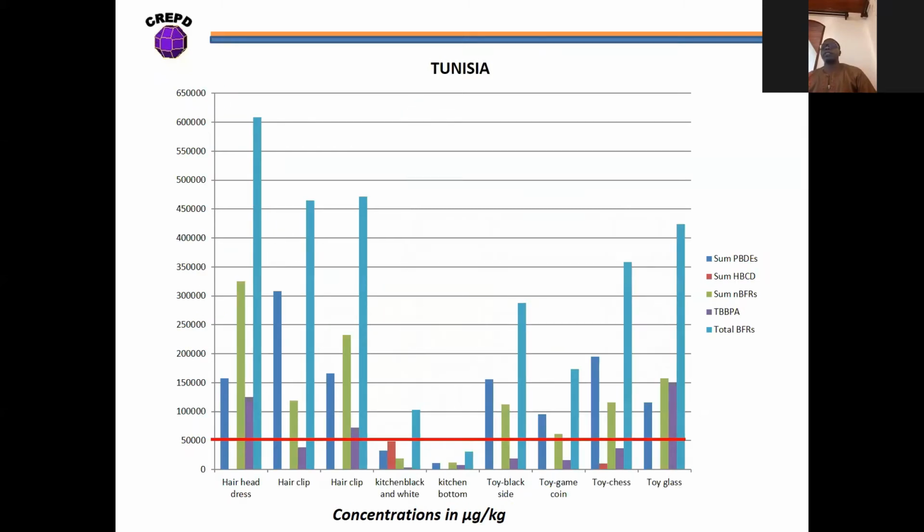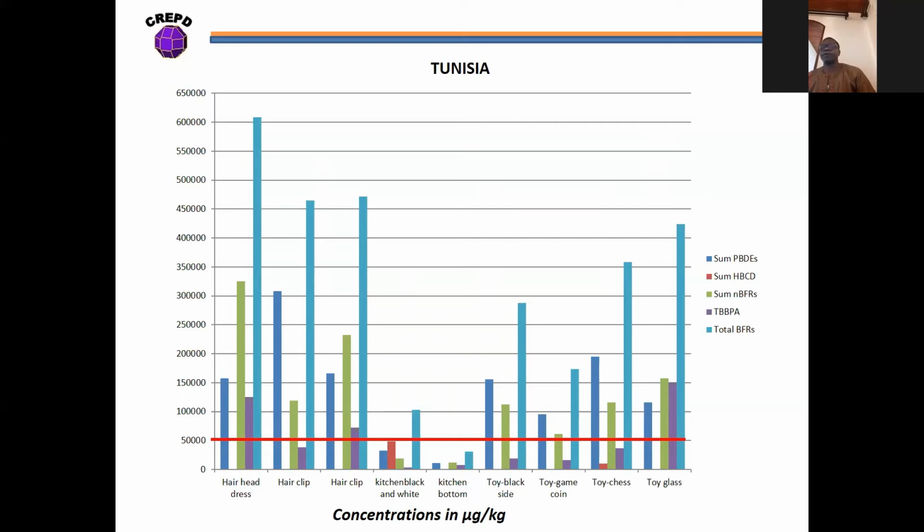This slide presents the data about the products from Tunisia. What is interesting on this one is that we have one kitchen stove that has a sum of HBCD close to 50 ppm, unlike all the other plastic that we presented from other countries.